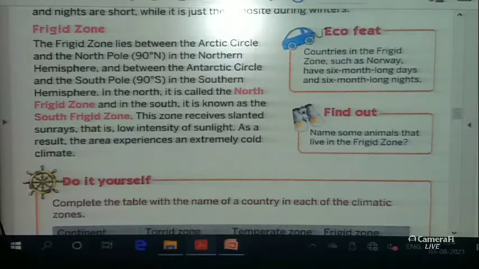Now children, since the rays are slanted, there is a very low intensity of sunlight, which means next to no heat. So this place is extremely cold.